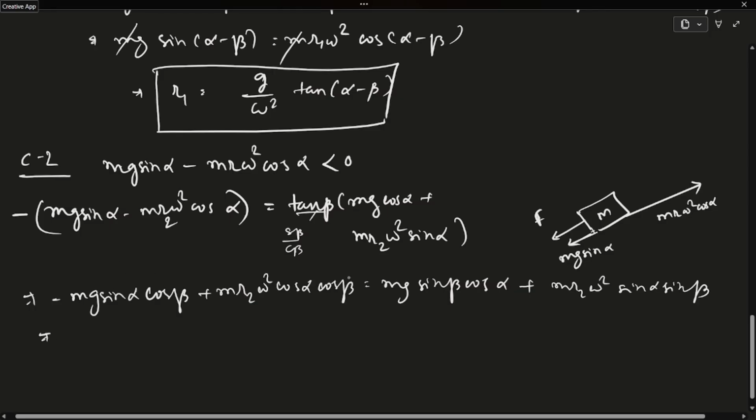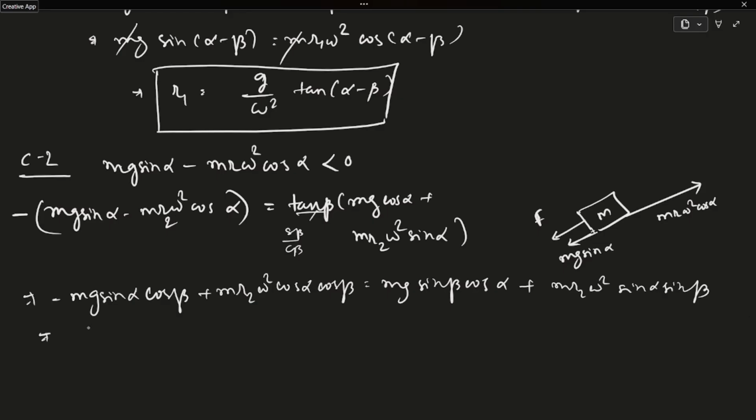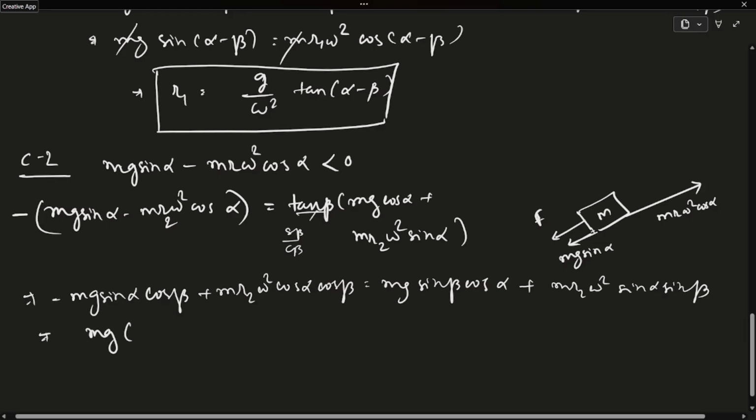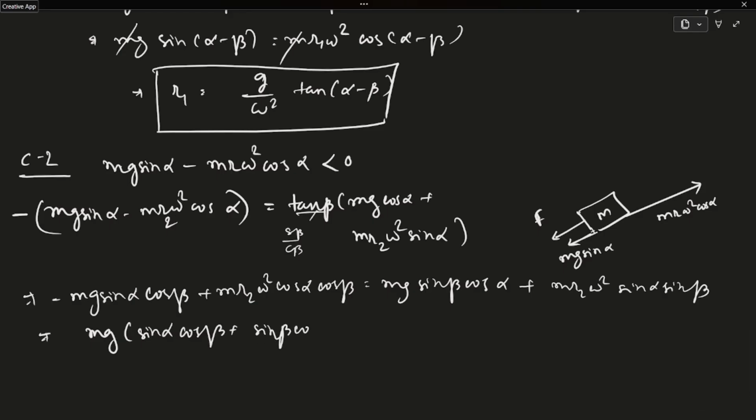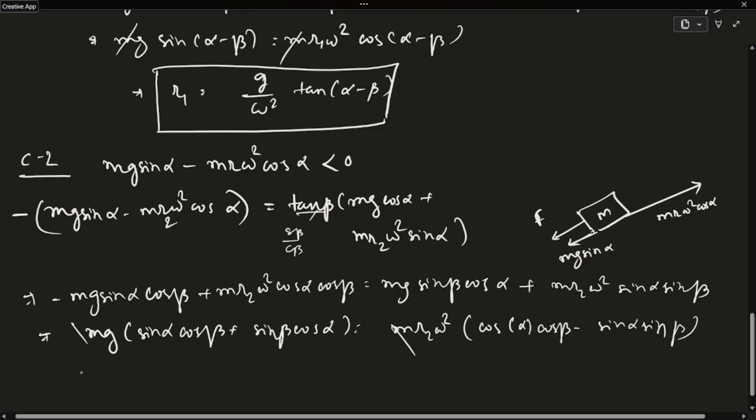Taking the mg component to one side and the mr omega square component to this side: mg (sin alpha cos beta plus sin beta cos alpha) equals mr2 omega square (cos alpha cos beta minus sin alpha sin beta). And m will cancel.